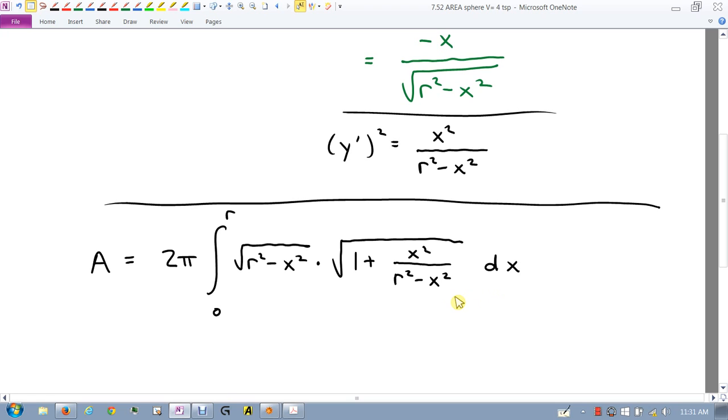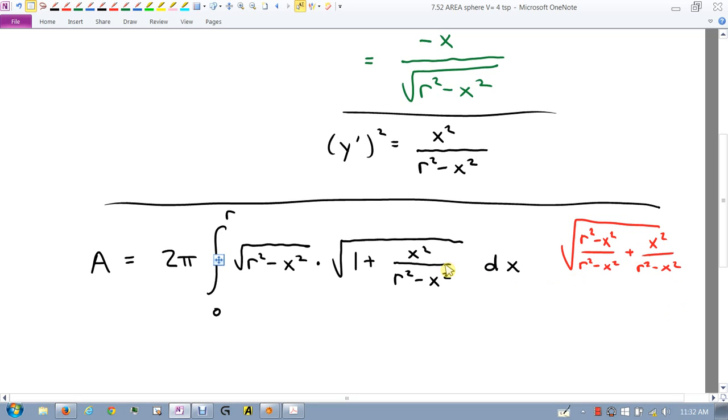We all good? What did we do before under this root to try and make things be better? Common denominator. Let's do a common denominator between these two. I'm going to do it on the side because I don't want to rewrite the whole thing. What would that common denominator look like here? We'd have to do r squared minus x squared over r squared minus x squared plus x squared over r squared minus x squared.